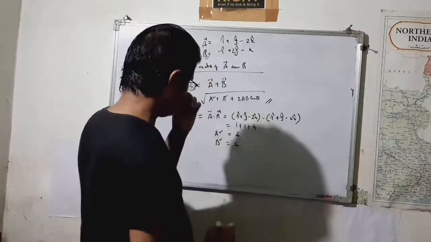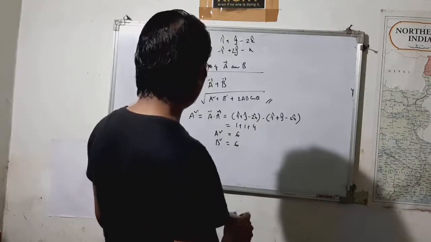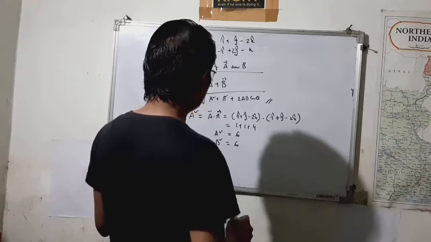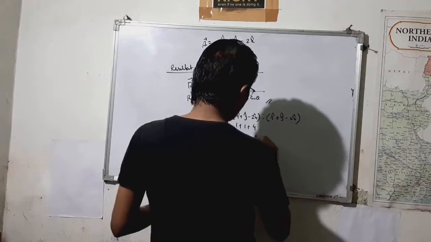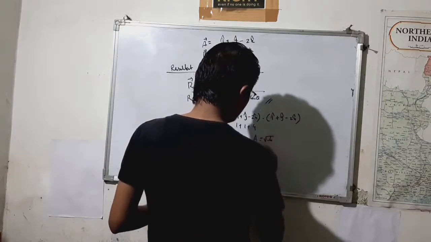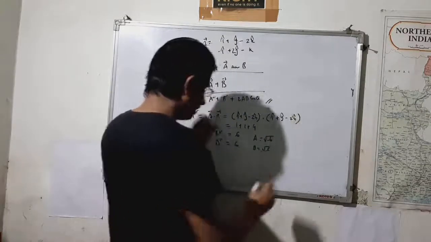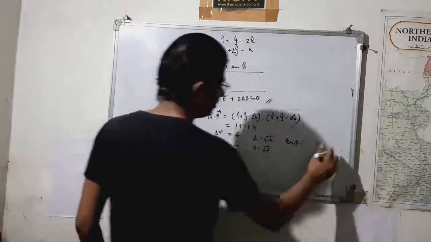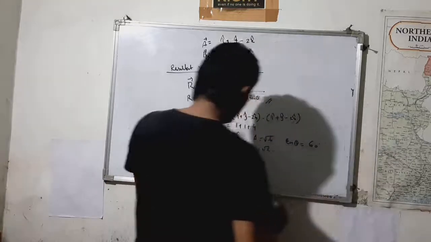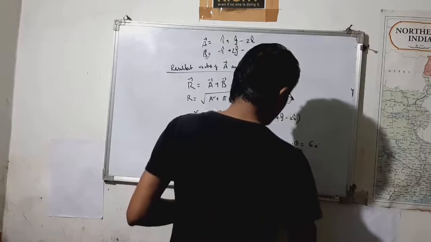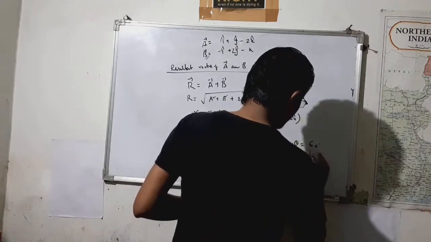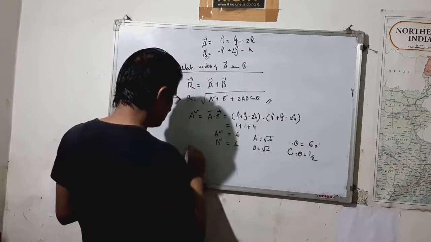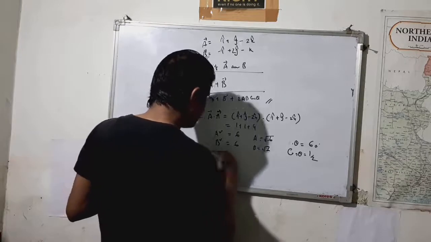So magnitude of a is root 6, b is root 6, and cos theta I have calculated already. The angle between them is 60 degrees, so cos theta is equal to half.